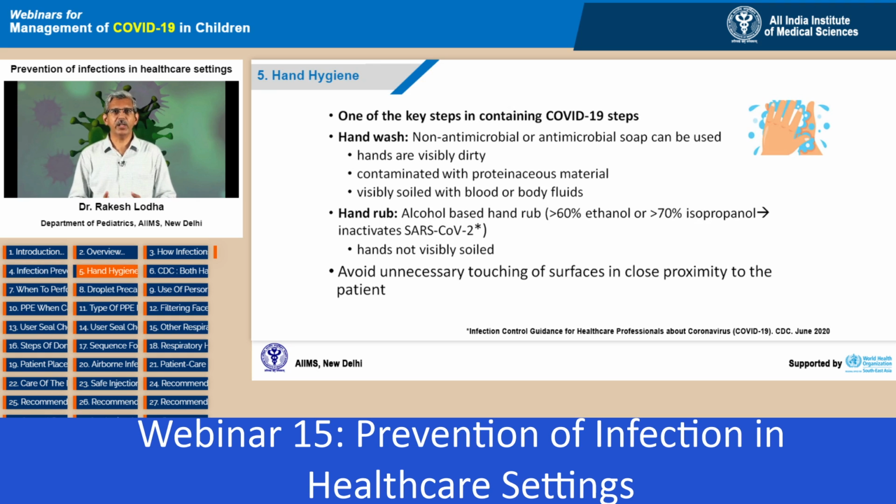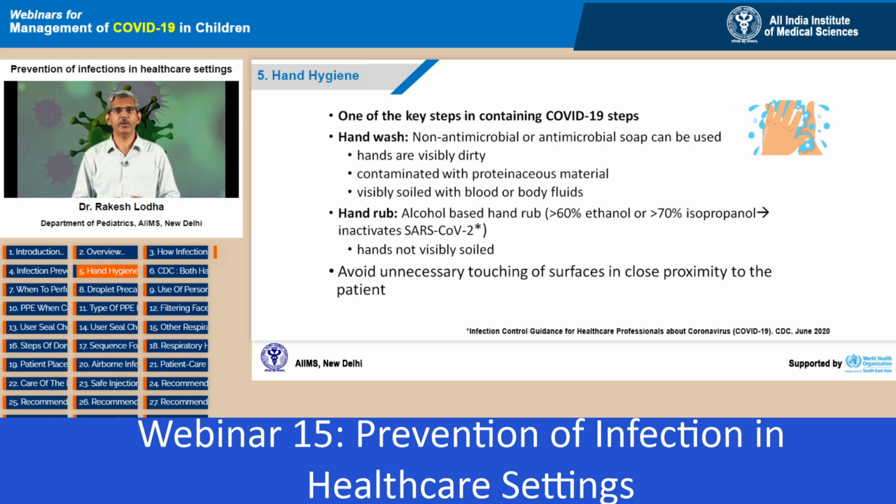Hand hygiene is an important measure for containing COVID-19 infection, and this includes hand wash and hand rub. Hand wash can be done with a non-antimicrobial or antimicrobial soap and should be done when the hands are visibly dirty, contaminated with proteinaceous material, visibly soiled with blood or body fluids. For hand rub, alcohol based hand rub should be used.